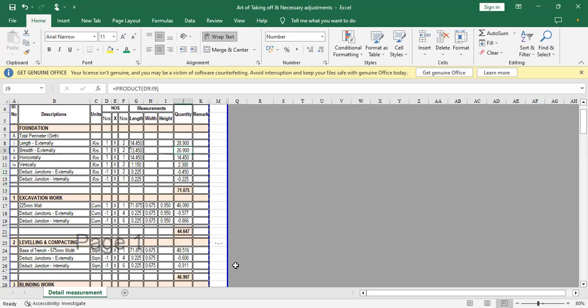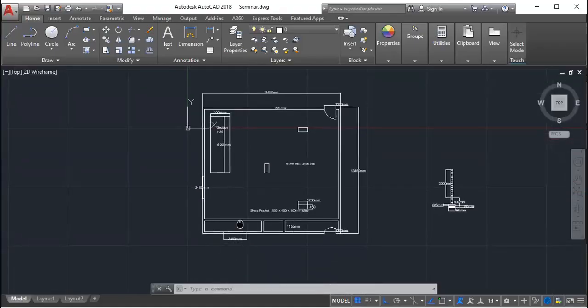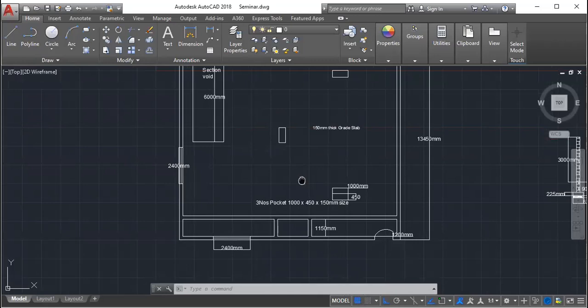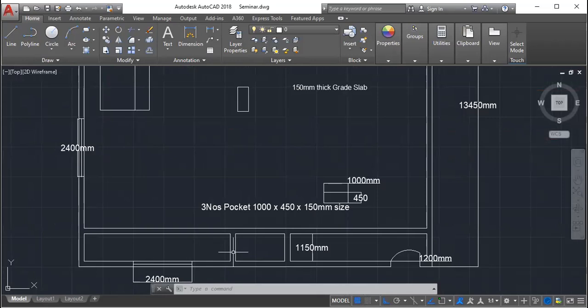Now we also have our internal wall, the horizontal part of it, which is also 14.45. And we have vertical wall, 1.15, two numbers of them.